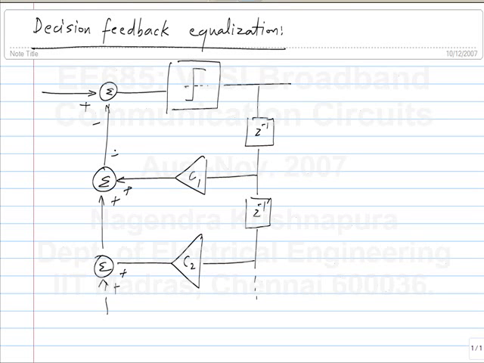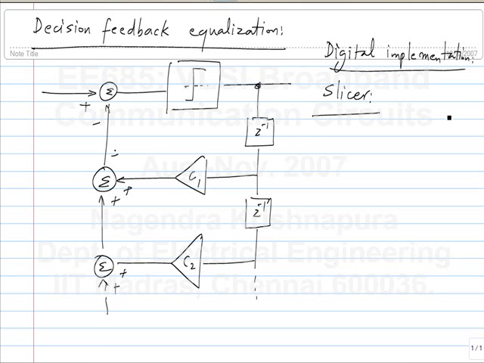Now in a digital implementation, so let's take a fully digital implementation. That is, you have converted the output of the channel using an A to D converter into a digital form. Okay. How would you implement the slicer? If you have a digital input, how do you slice it?